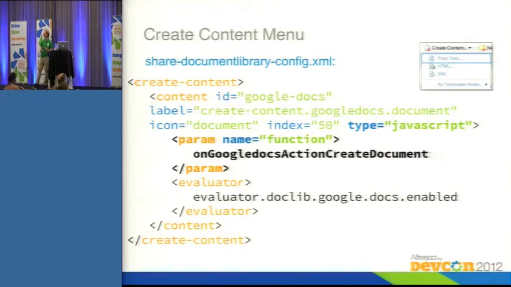So that's that one in black text there as parameter names function. So that's a function that's available on the page, and that gets triggered when the multi-item select happens. So that's a good extension point. And as I say, that came out of the Google Docs integration.